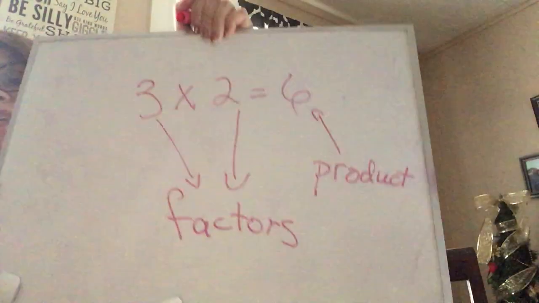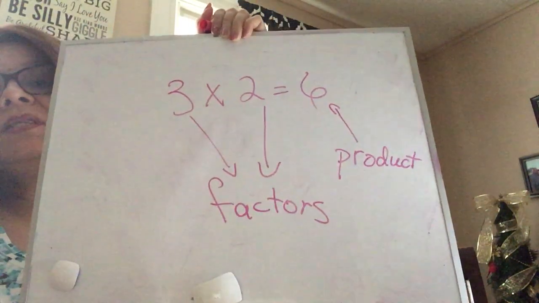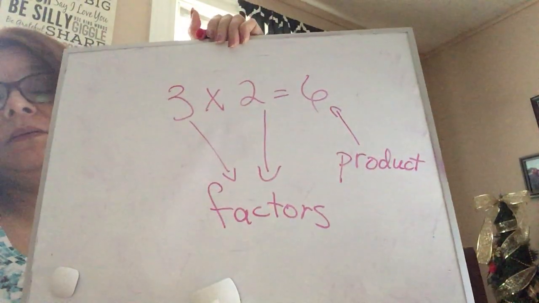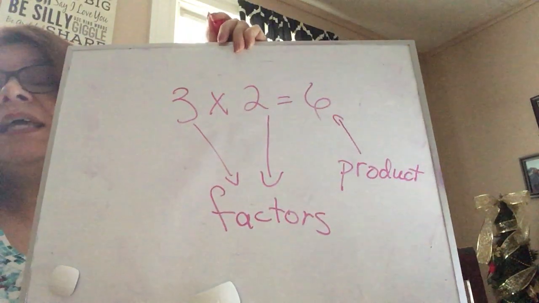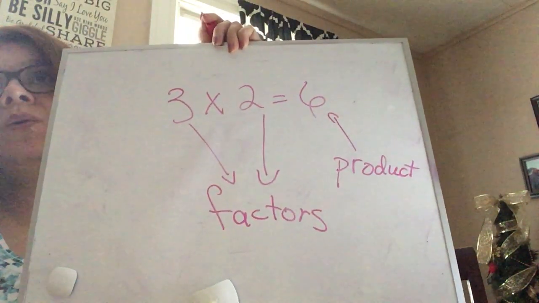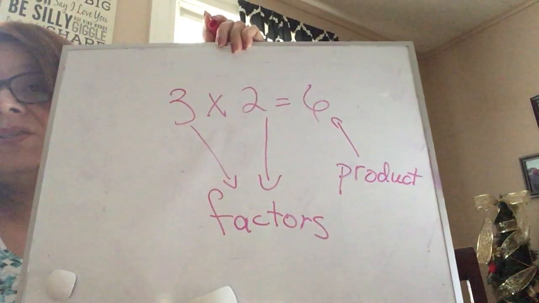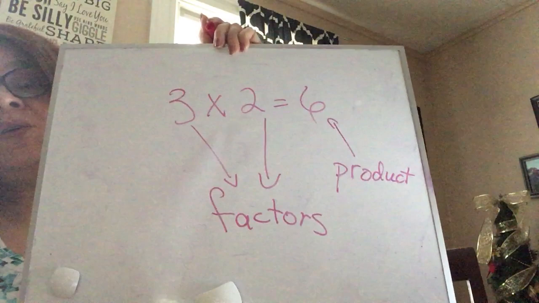Now you're going to see these words many, many more times this year. You are going to see these words throughout your schooling. You'll see it again in 4th grade. You'll see it in 5th grade, in middle school, in high school, even in college. You are going to see the words factors and products. This is the first time you'll hear it, perhaps.